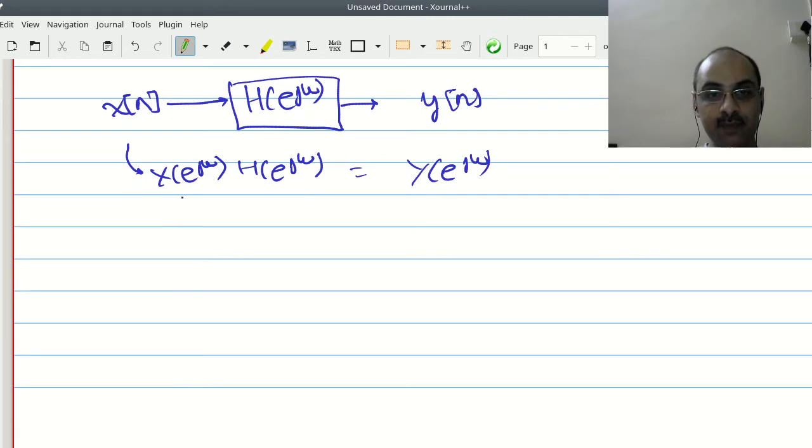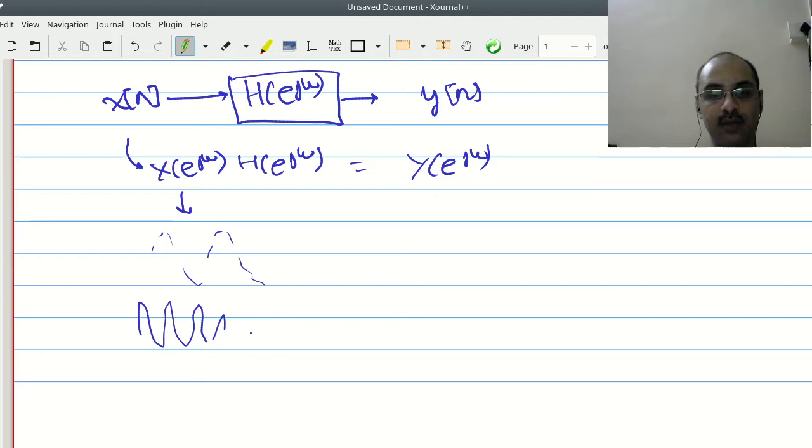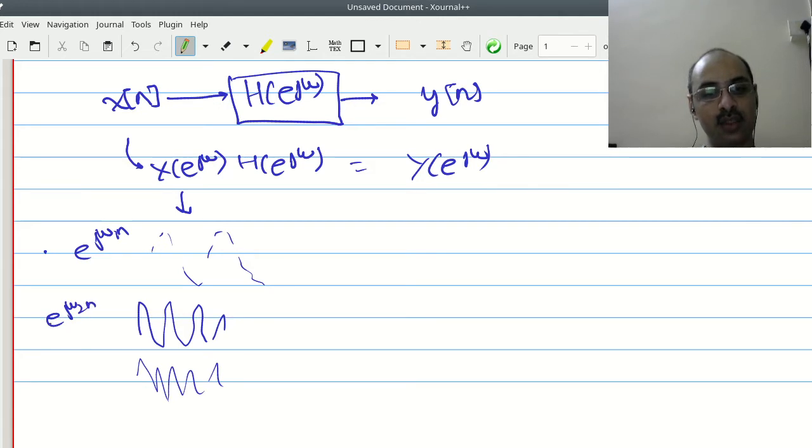Now over here, this X(e^{jω}) can be imagined to be many e^{jωn}'s. For example, it's basically one sinusoid, another sinusoid, and another sinusoid, and things like that. So basically this is something like e^{jω1n} into some constant, e^{jω2n} into some constant, and so on.